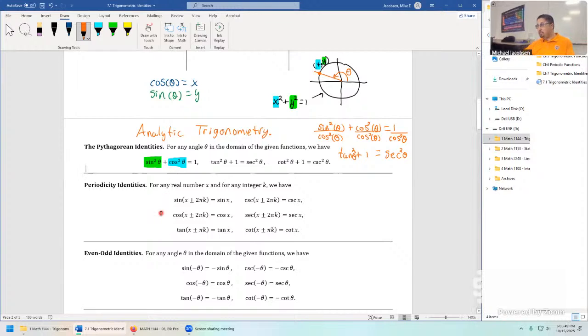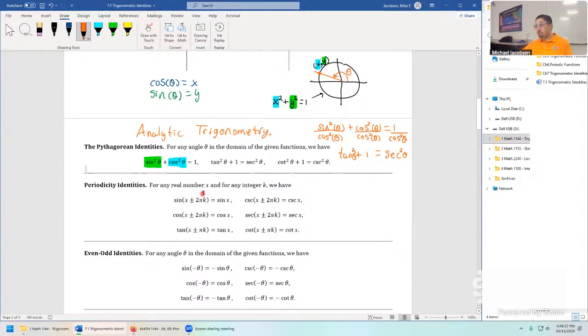Okay, other things we looked into were odd versus even functions. So those are these identities below. We looked into periodicity. Periodicity just tells us that the functions repeat. That's what we were seeing on the graphs when we were working with them. As an equation, it would look like this. If k is any integer, maybe say 1, then the value of sine repeats because it has period 2 pi.